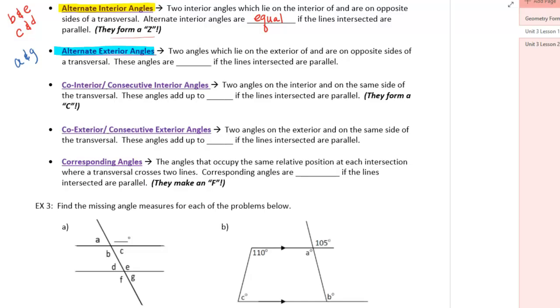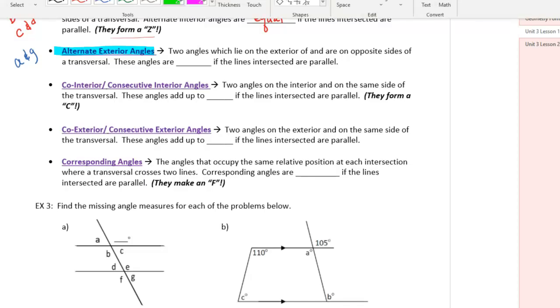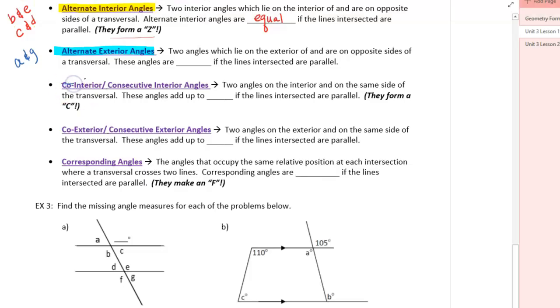We also have what we call co-interior or consecutive interior angles. Two angles that are on the interior of the parallel lines, so they have to be inside here, but they're on the same side of the transversal.